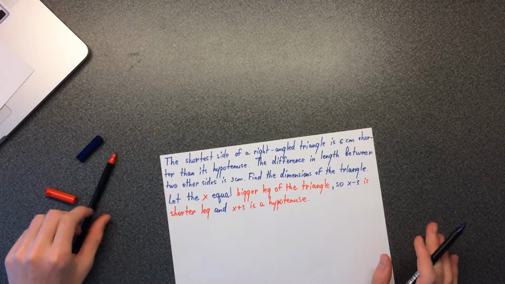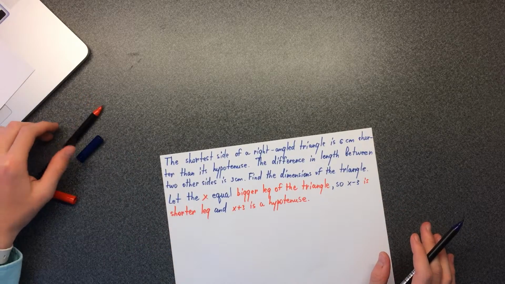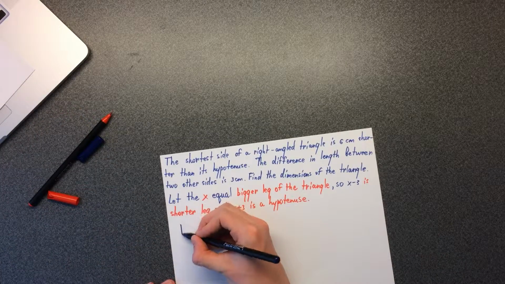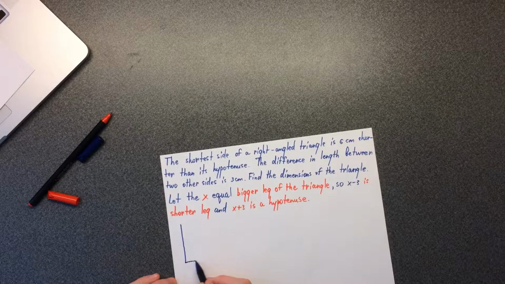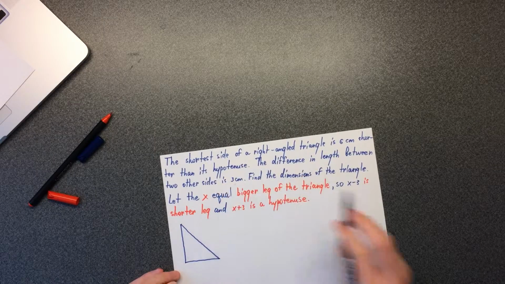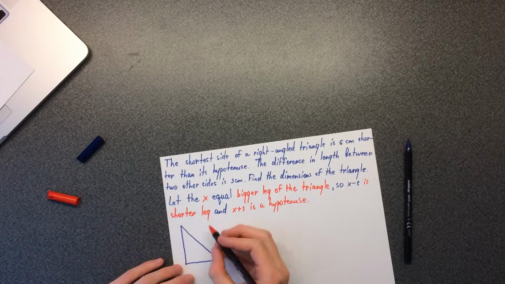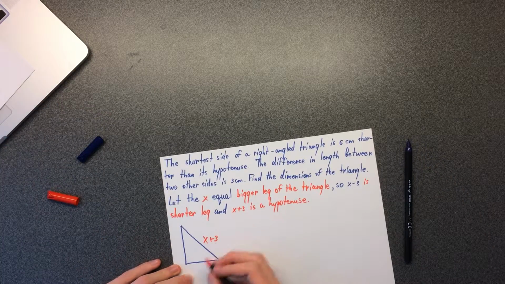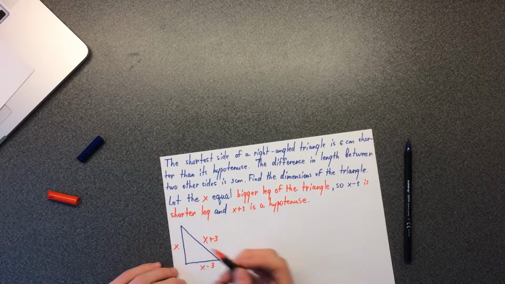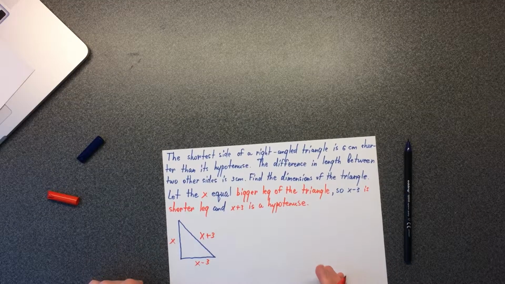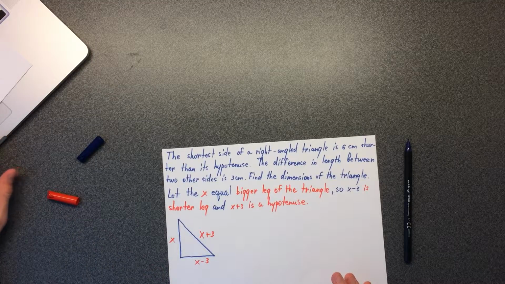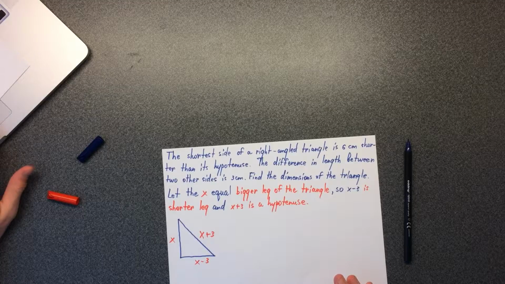We have everything now to create a good diagram. So let's start to draw a diagram. We have a right angle triangle. The hypotenuse is x plus 3, the shorter side is x minus 3, and the bigger side is x. So we labeled the diagram, and now we can make an equation for our word problem.